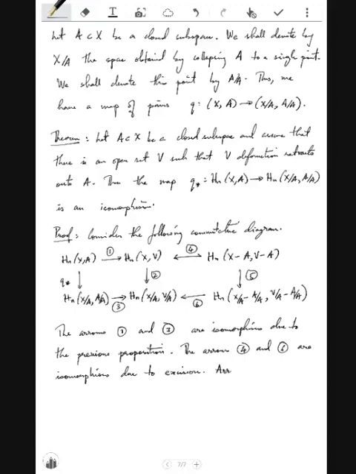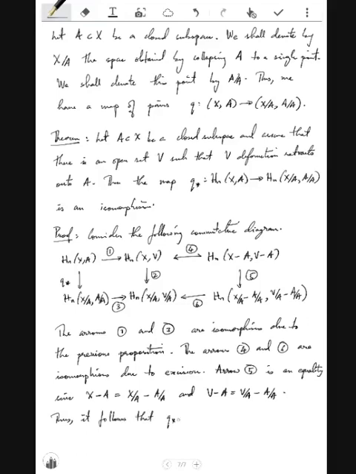Arrow 5 is an equality since X minus A is equal to X mod A minus A mod A, and V minus A is equal to V mod A minus A mod A. Thus, it follows that Q lower star is an isomorphism.